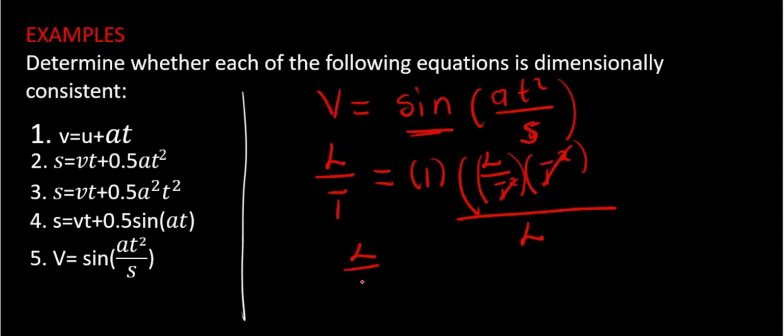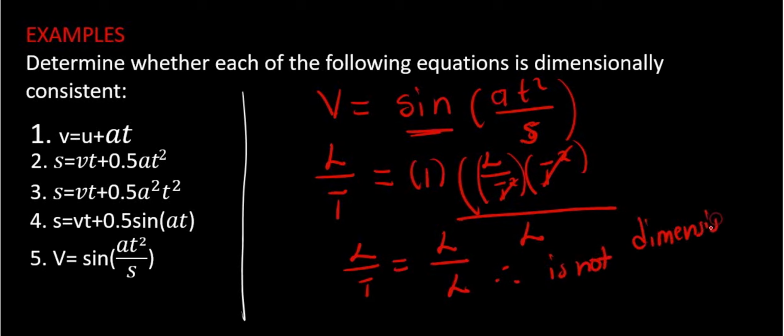We have L over t equal to, there you are remaining with L over L, meaning again it is not dimensionally consistent.